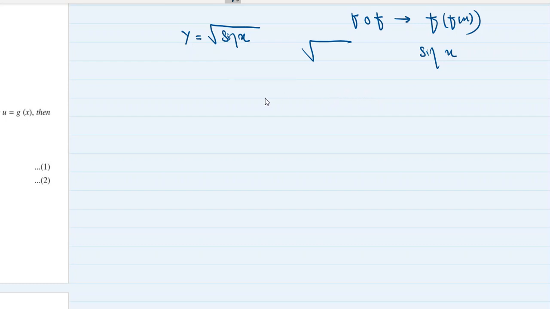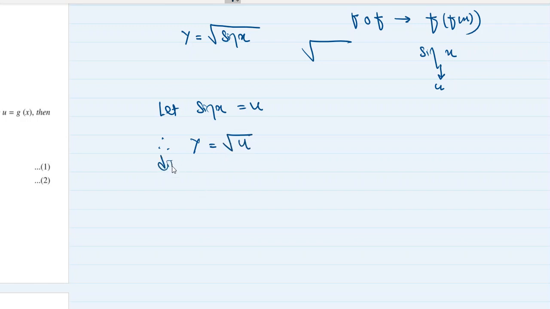First of all, consider the inner function as u. So this sine x, you have to take as u. Let sine x be equal to u. Therefore, y is equal to under root of u.